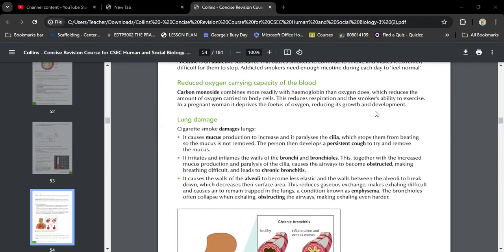It's basically these microscopic, fibrous parts of various organs found in the human body. Its purpose is to cover the surface area of these organs to trap dirt or bacteria, depending on where the cilia is located, right? And what it does is stop them from beating so that the mucus is not removed.